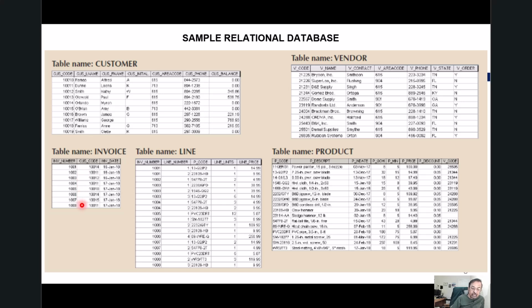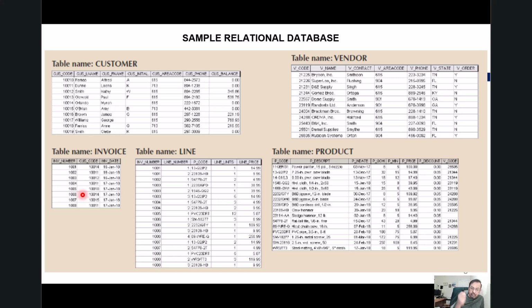Here's a third invoice for customer 1011. Similarly, there are two invoices for customer 10014. Here is one invoice for customer 10014. Here is another invoice for customer 10014. So there are multiple invoices for certain customers.